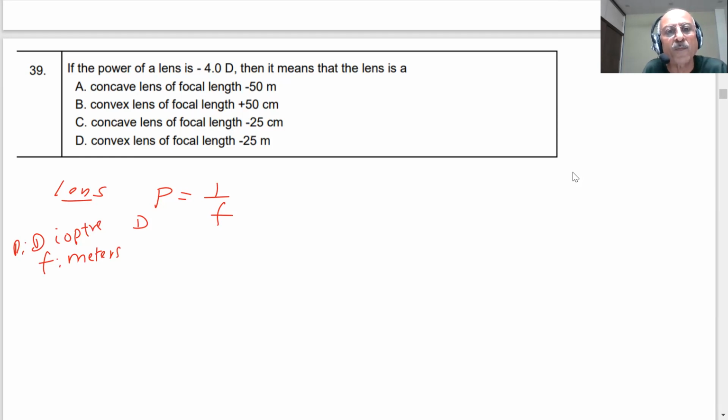You are given that the power is minus 4.0 D. That means 1 by f is minus 4, student. Then what is f? Minus 1 by 4. Since the unit is D, f is in meters, minus 1 by 4 meters.